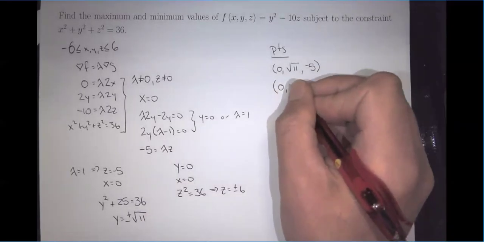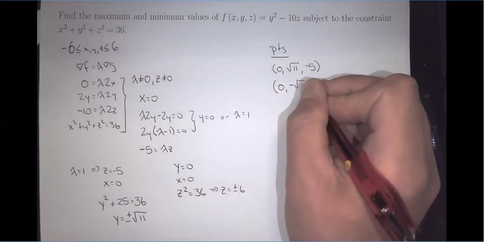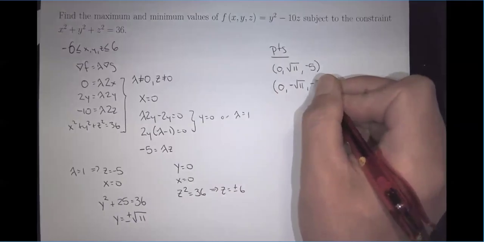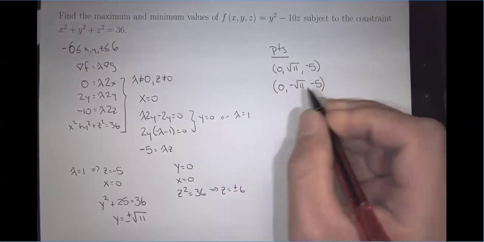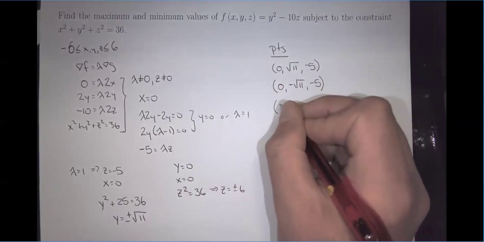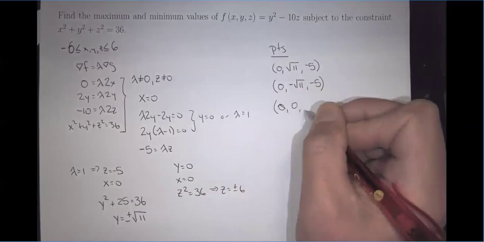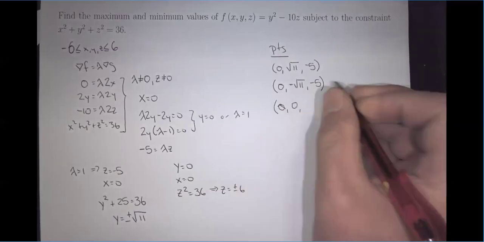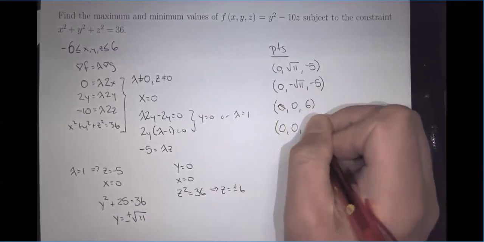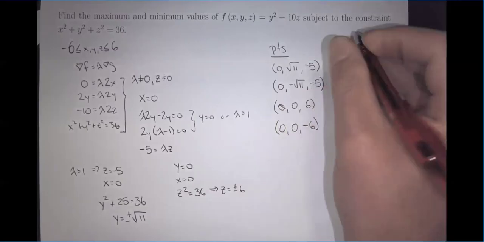Next, x equals 0, y equals negative root 11, z equals negative 5. Third one, x equals 0, y equals 0, and z equals 6. And x equals 0, y equals 0, z equals negative 6.